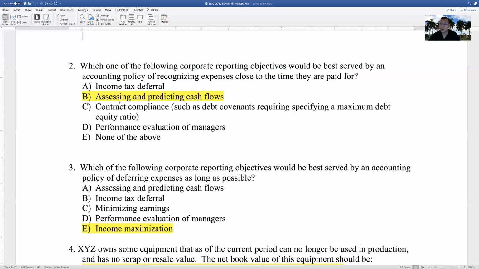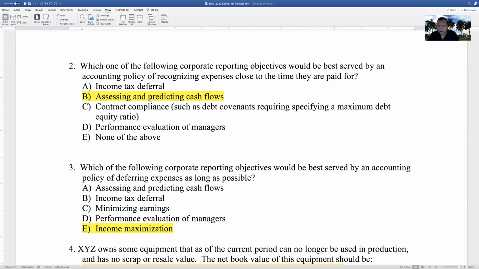The bank does not want the borrower to borrow excessively, because companies with huge amounts of debt are more likely to go bankrupt. So the bank wants to make sure they are lending money to healthy companies. In the debt covenant, they would specify maybe a debt to equity ratio. If you go over this threshold, the bank has the right to recall the principal of the loan.